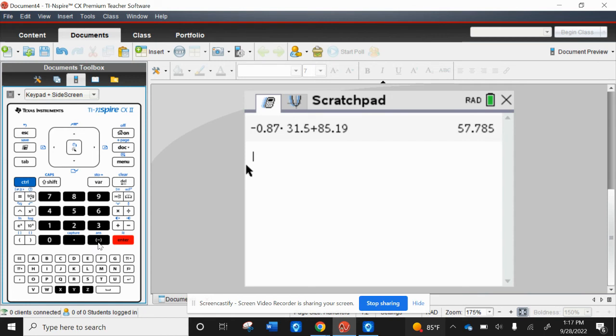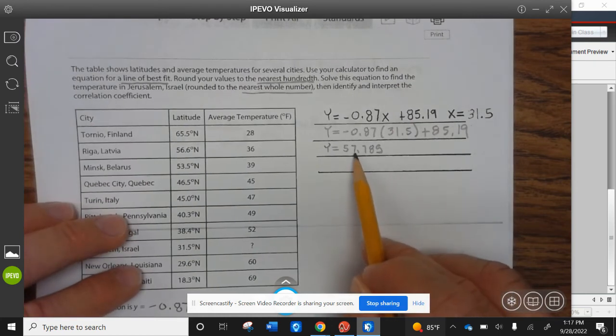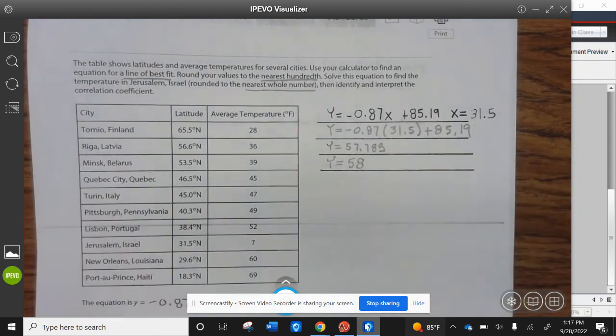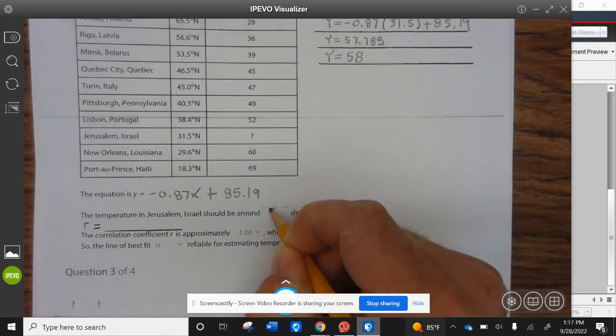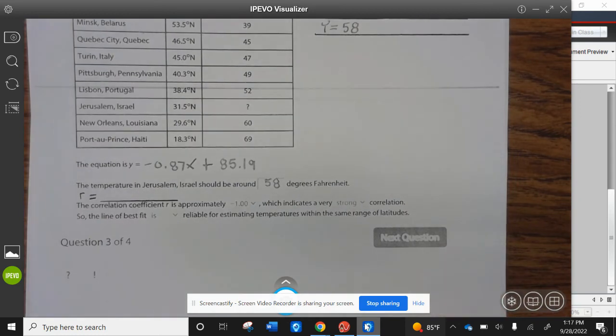So y equals 57.785. So the 7 rounds up to 8, so we round it to a whole number of 58. So the temperature in Jerusalem, Israel should be around 58 degrees Fahrenheit. All right, now we need to find the R value.